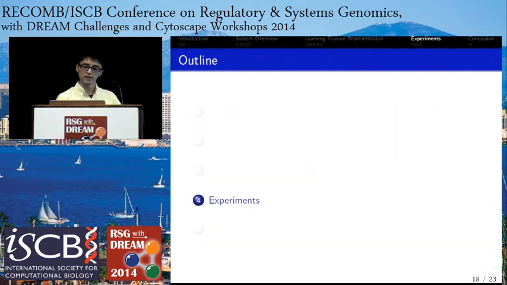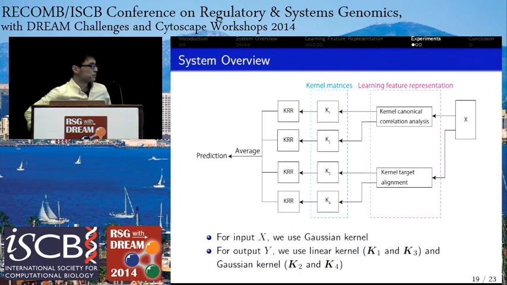So I would like to briefly show some experimental results. For input data, we use the Gaussian kernel to incorporate nonlinearity. And we also have an option for the output kernel. In this case, we use the linear and the Gaussian kernel. By using the linear and Gaussian kernels for kernel canonical correlation analysis and kernel target alignment, as a result, we have 4 kernels and run the kernel regression respectively.